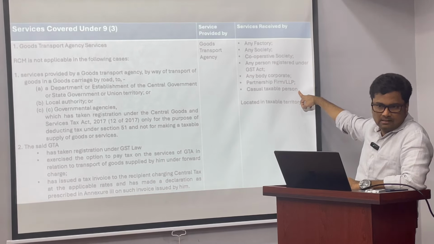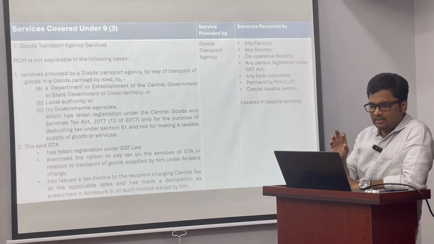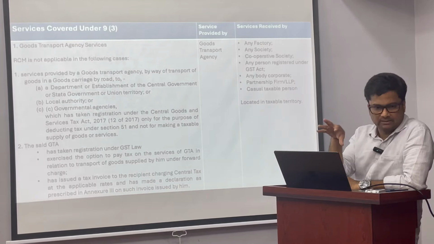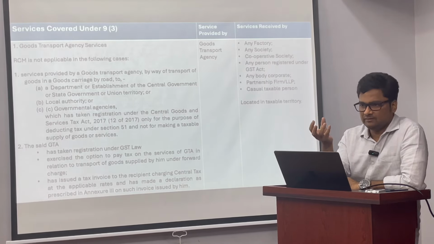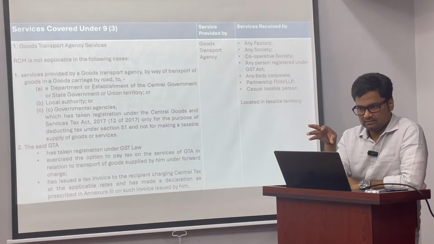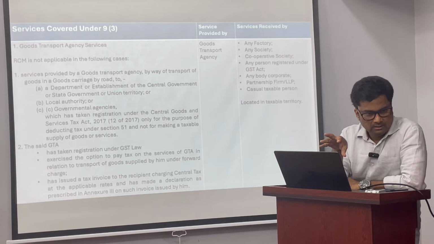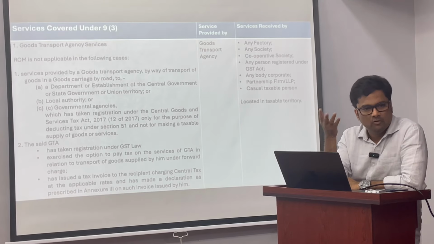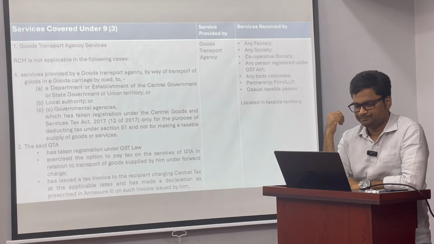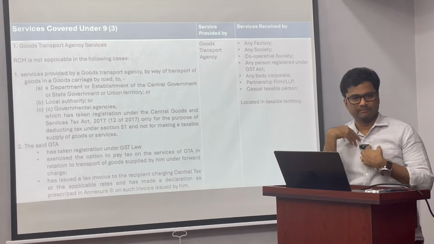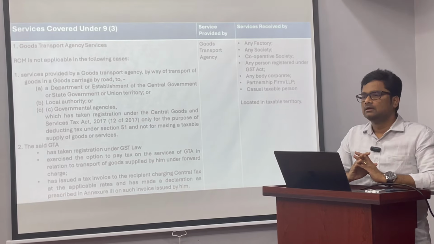Casual taxable person means who is generally not resident of that place, that state, but engages himself in trading temporarily for a few days, and once that event is over, he will go back to his state. For example, I'm a textile company based out of Vishakhapatnam.